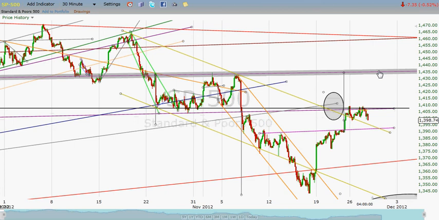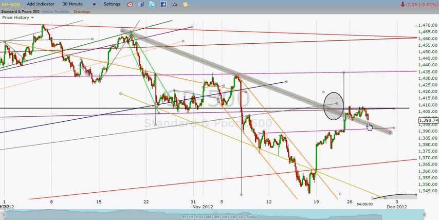And once it gets up there, I would expect this to be resistance. So we're dealing with two resistance levels, one at about 1407, 1408, and then another one at about 1436. But we're looking at what I think should be a pretty strong support level, and that is down here, the neckline of this smaller inverted head and shoulders pattern, currently at about 1392, 1393.